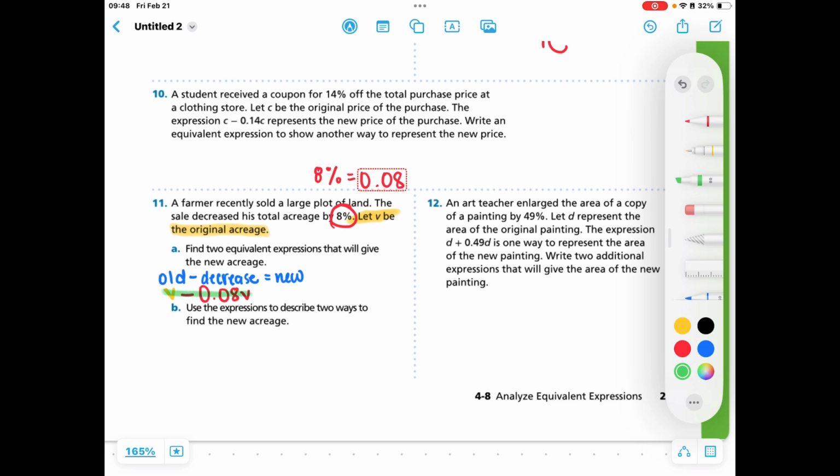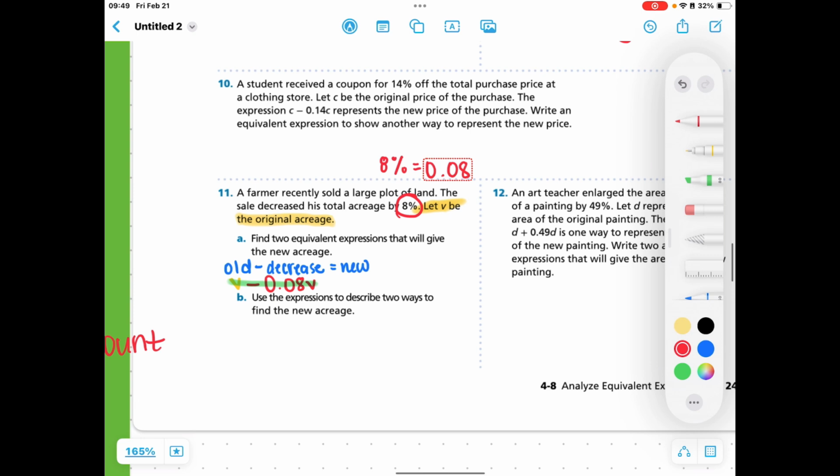This is one of the 2 ways that we can write the new value or the new amount of land that he has. The other way is to simply solve. You can do, this is the same thing as a 1V. So 1 minus 0.08 is going to come out to give you your new one of 0.92. And we have to have that V because that V represents the original acreage.